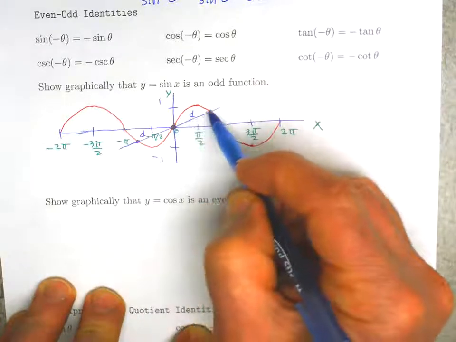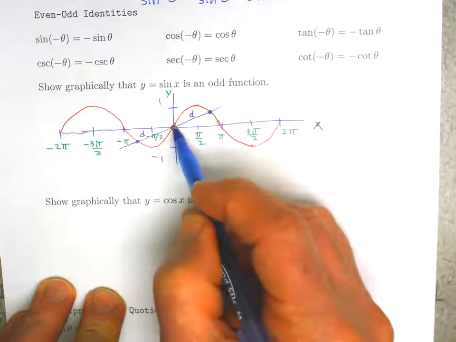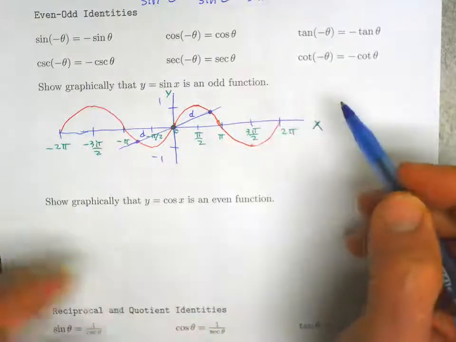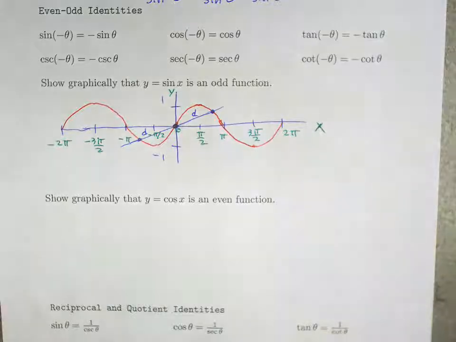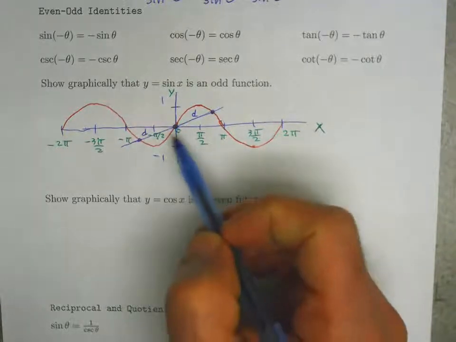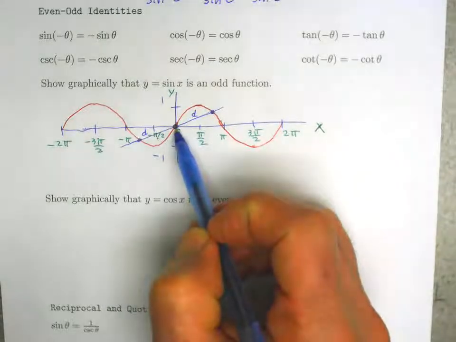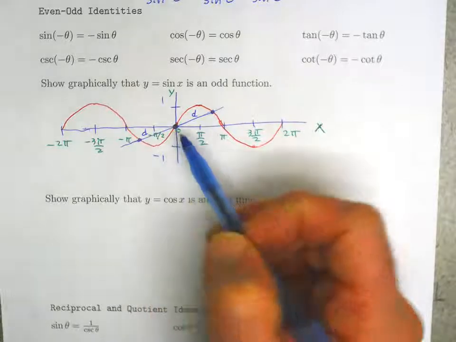So this distance from there to there is equal to this distance from there to there. That will be true for any point on the graph of an odd function. That's what it means to be symmetric with respect to the origin, the point 0, 0.